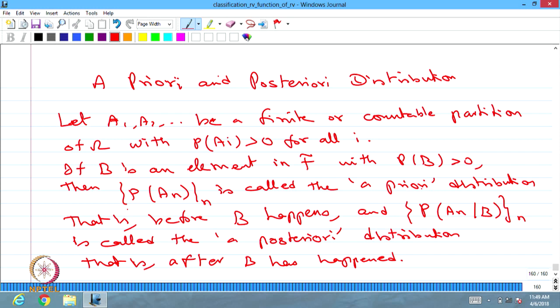The probabilities of the partition events are called the prior distribution, and after the event B happens, the probabilities of An given B for all n are called the posterior distribution. This has wide application in statistics.